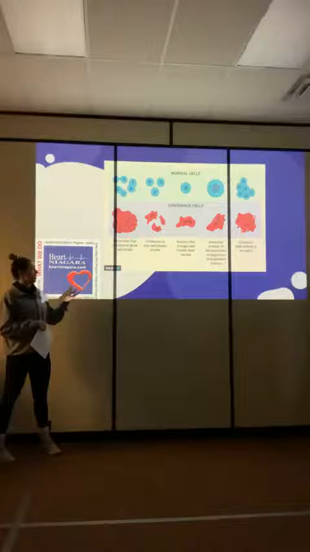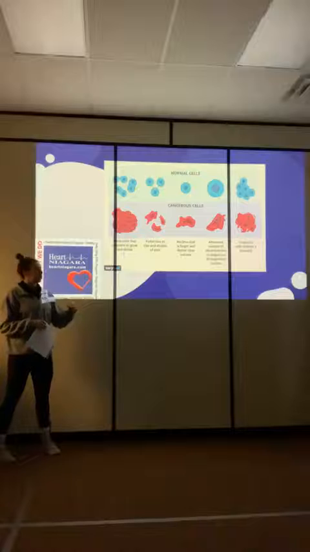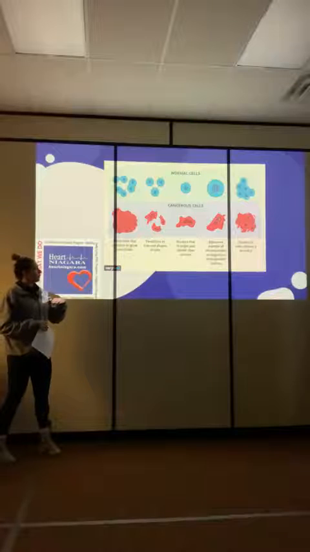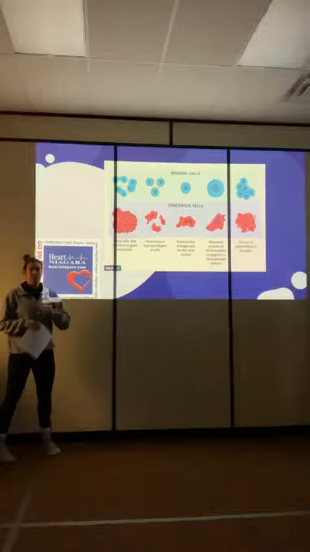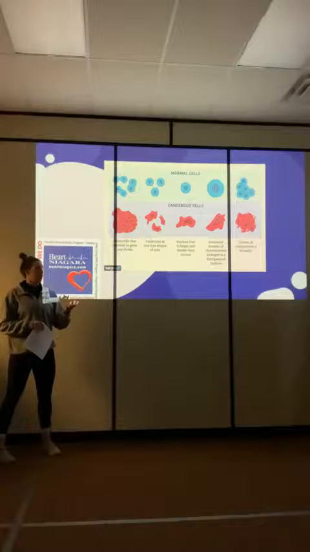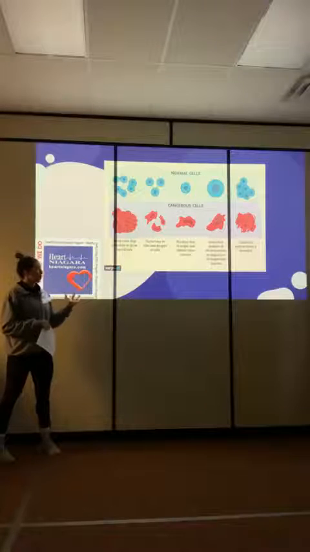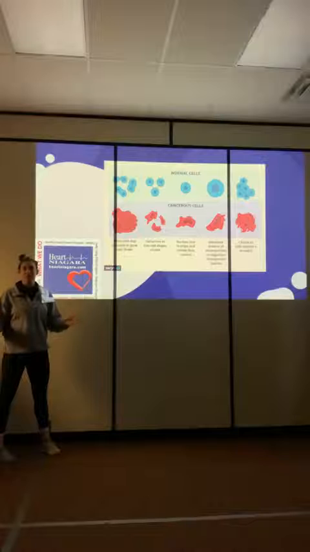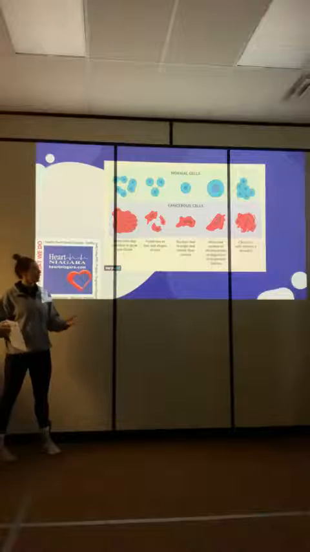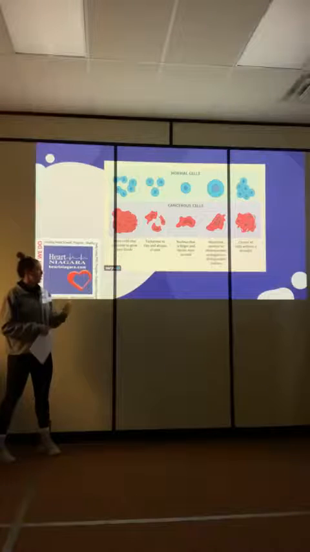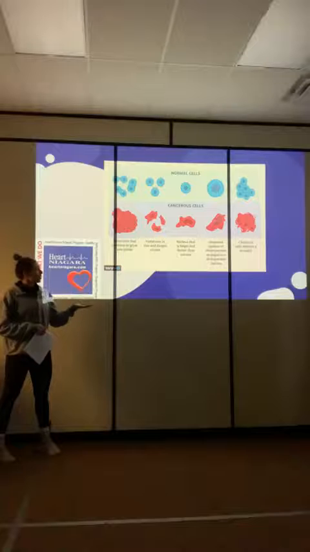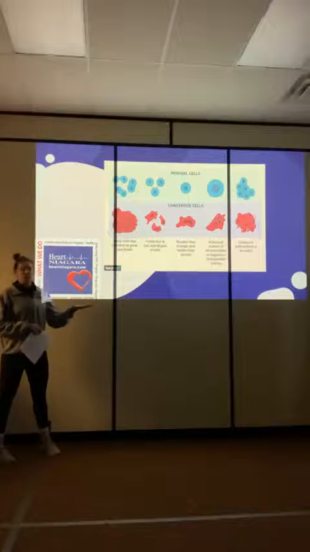You can have variations in the sizes and shapes, so they can actually stay immature instead of mature. Your nucleus, which kind of controls what the cell does, can become too large and darker than normal, so then it's going to be doing the things it shouldn't be doing. And again, you can have an abnormal number of chromosomes, or these cells can cluster with each other.